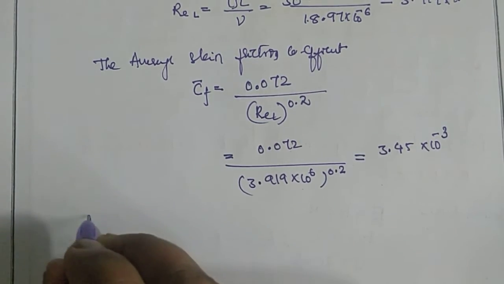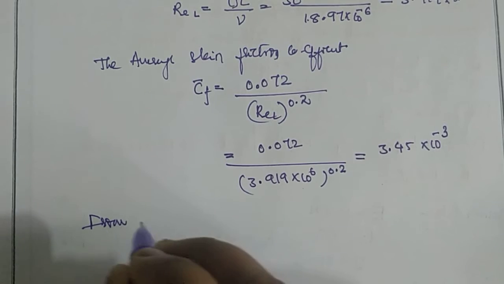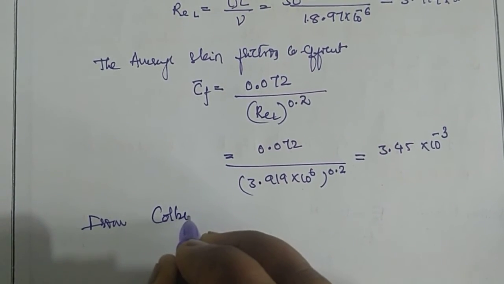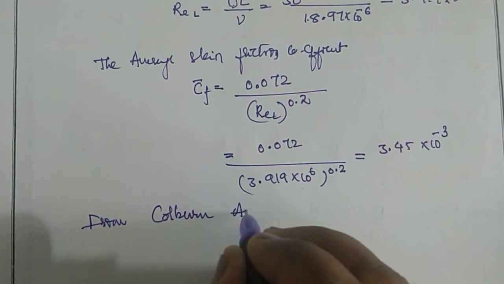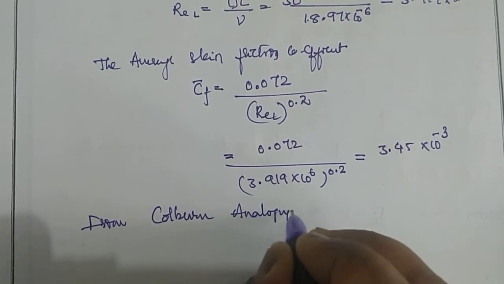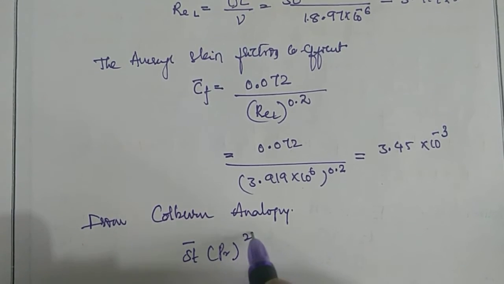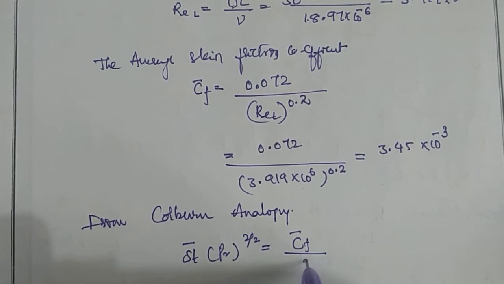Using the Colburn analogy, it gives Stanton number into Prandtl number to the power of 2 by 3 is equal to skin friction by 2.